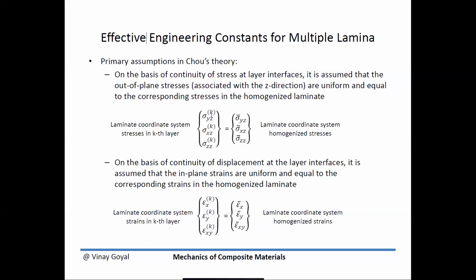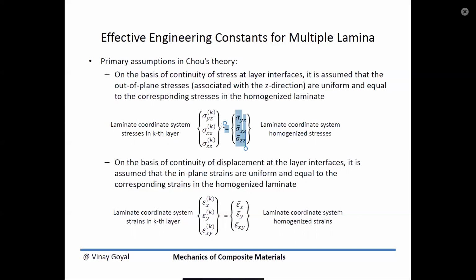Again, the transverse shear stresses for the kth layer are going to be equal to the homogenized stress in the laminate coordinate system. So this is one of the assumptions made in this theory.